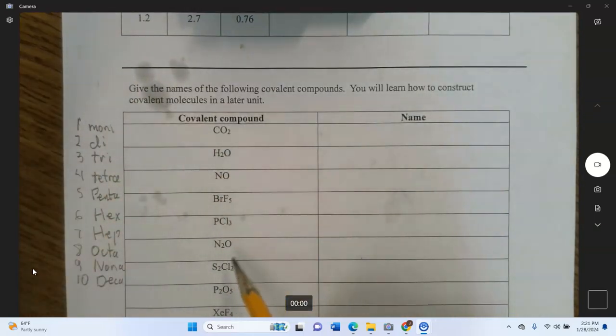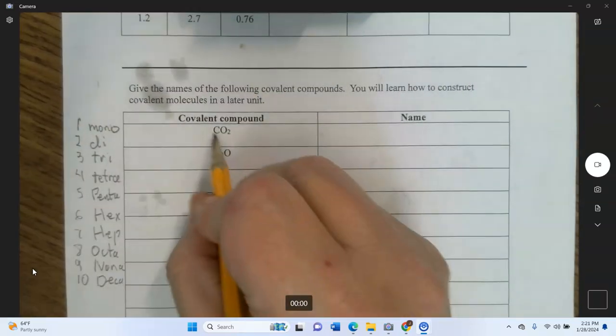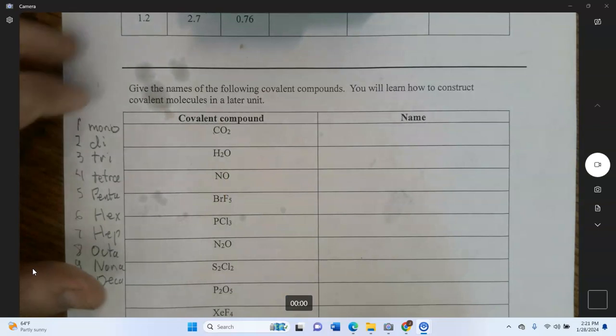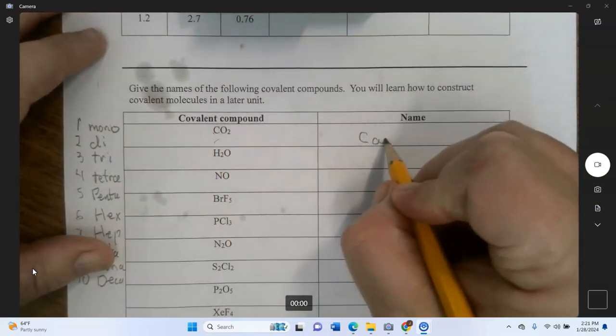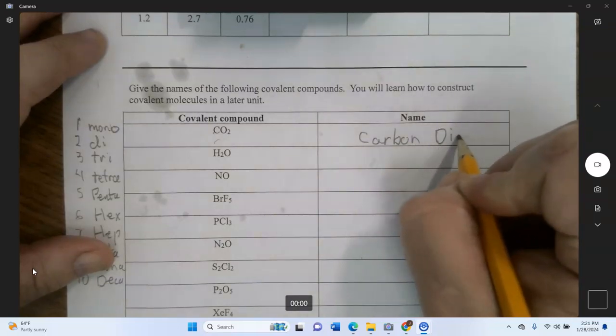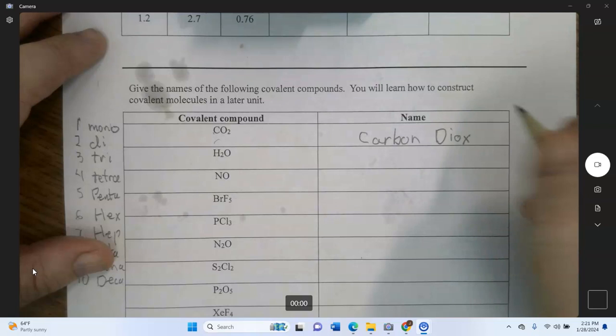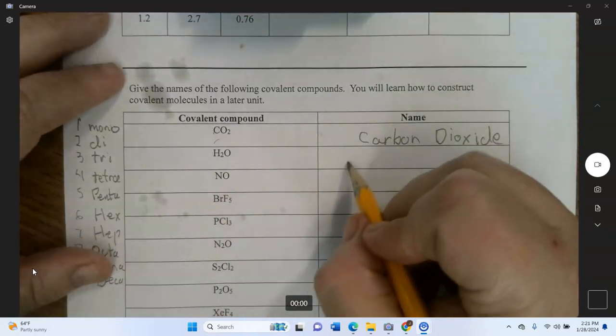You use them in front of these, except you don't use mono in front of the first element. So carbon dioxide is CO2, it's carbon and 2 oxygen, so it's dioxide. You do not say monocarbon dioxide. Okay, these are pretty easy.